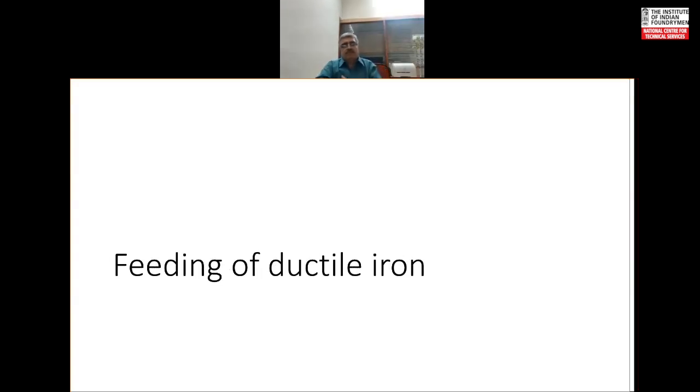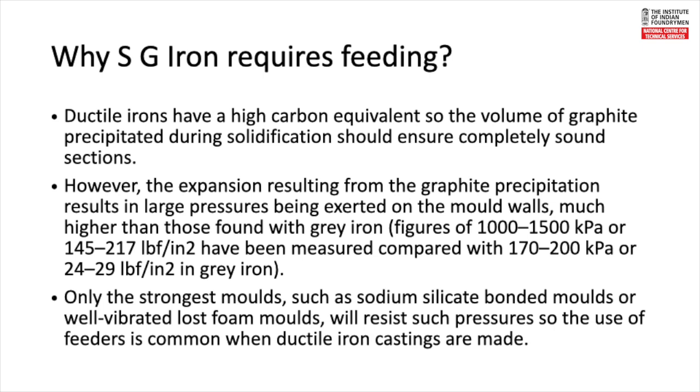Now, very briefly, the feeding of ductile iron. Why does SG iron require feeding? They have high carbon equivalent, so the volume of graphite precipitated during solidification should have ensured complete soundness, like what happens in gray iron.